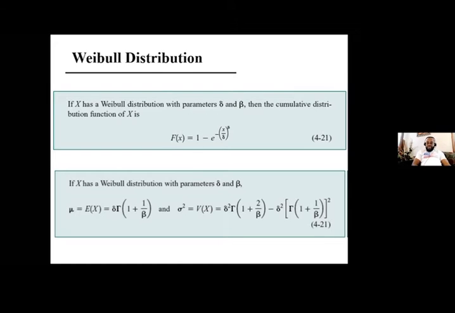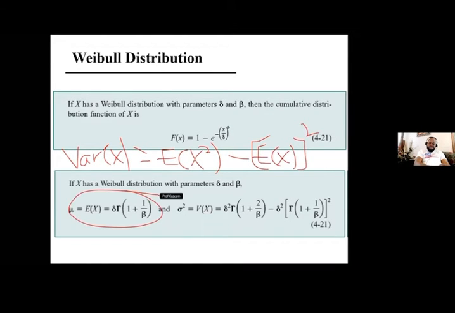And if you want to obtain the variance, of course, you know that the variance of x is the expected value of x squared minus the expected value of x all squared. This is the expected value of x.